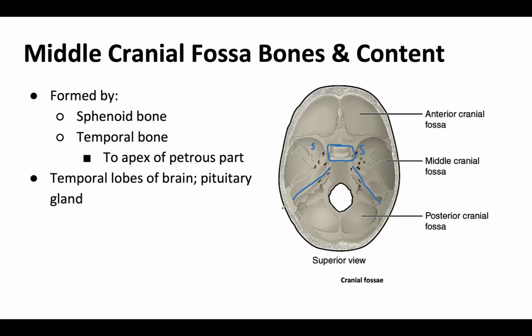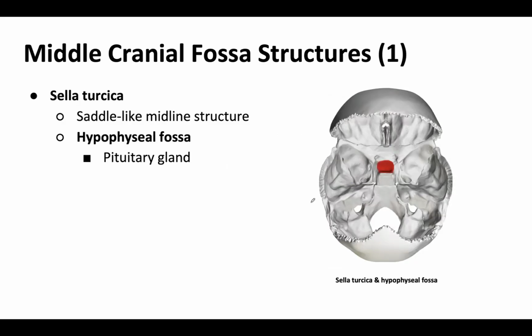Recall our previous discussion that the middle and the inner ear are housed within this portion of the temporal bone. The temporal lobes of the cerebrum are cradled in this region, and the pituitary gland is located more in the midline. And this middle region here is called the sella turcica, which is this saddle-shaped region here.